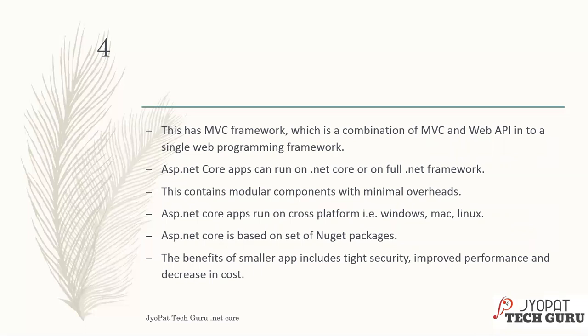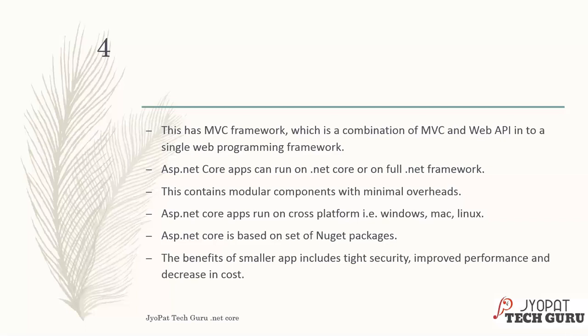This contains modular components with minimal overheads. Whatever overheads are there with respect to the .NET Framework, they have been reduced to the minimum in .NET Core. So you can rely upon .NET Core as it supports a variety of programs on multiple platforms.